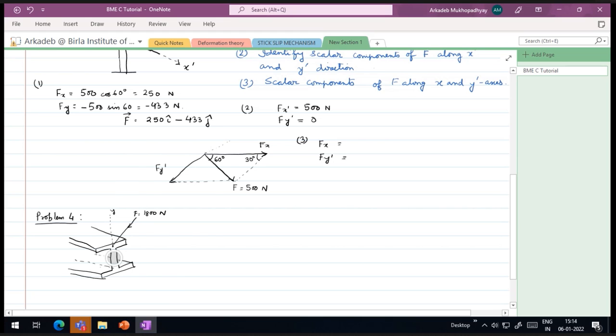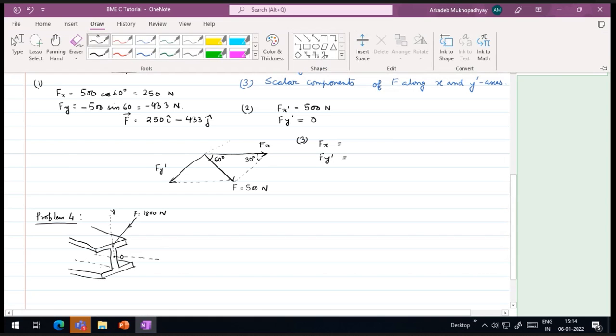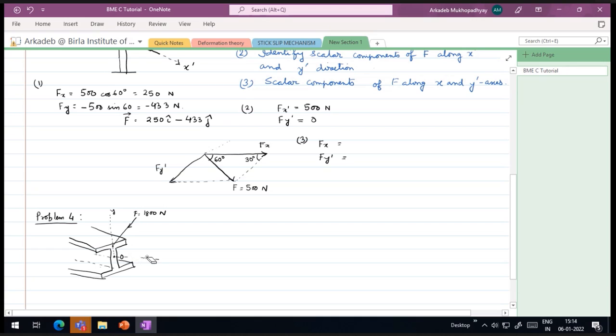This is my point O. From here, along this direction you have the X direction.